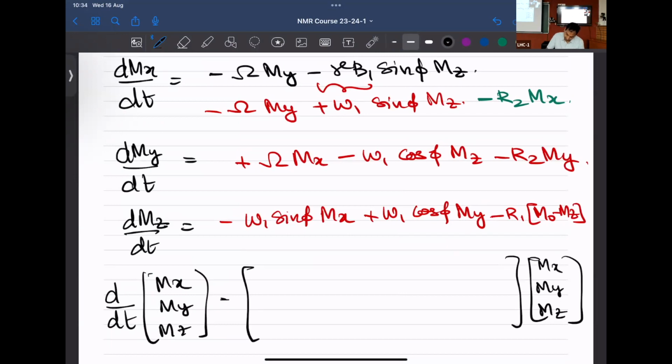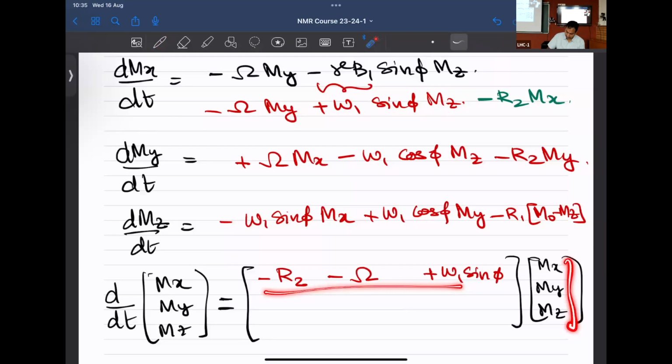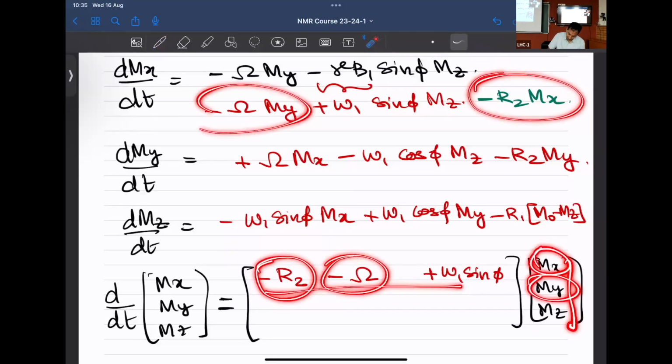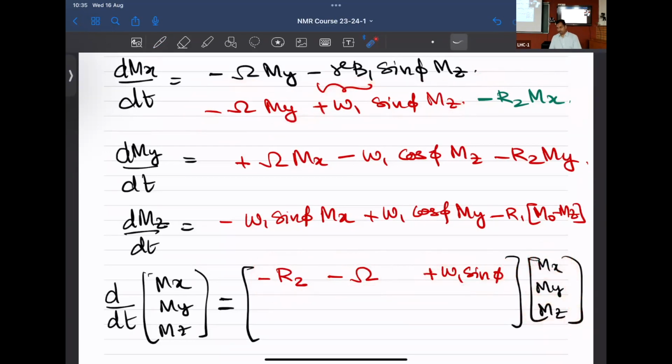So what is this going to be? Minus R2, minus omega, plus omega 1 sine phi. How did I write this? You want to take the product of this with this: minus R2 times Mx is here, minus omega times My is here, plus omega 1 times sine phi times Mz is here. Right?